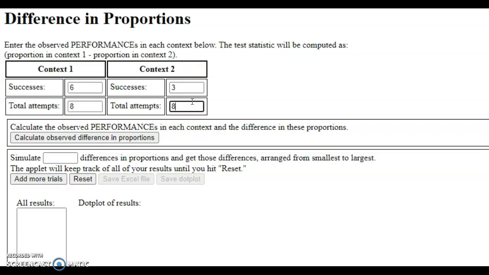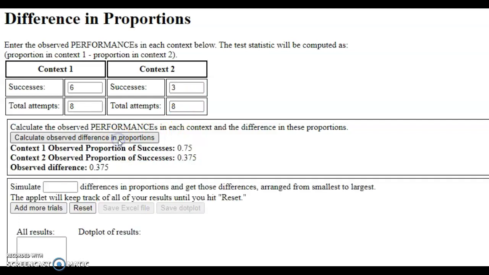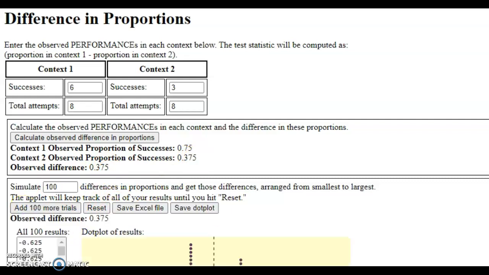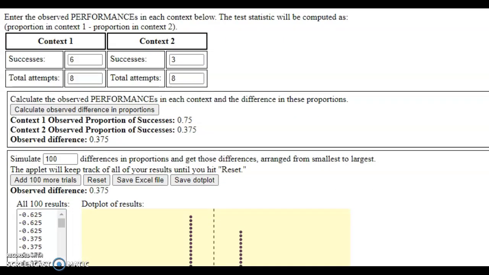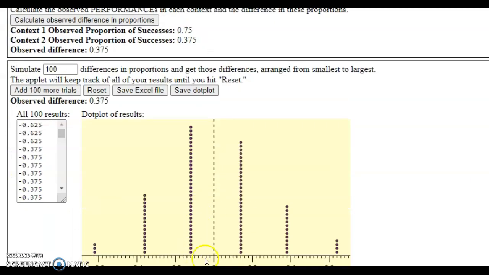Okay, the observed difference in proportion, that's my test statistic that I'm testing it on. So you'll see that 0.375. I press simulate 100 differences because I want 100 trials of simulation, add more, and it's going to create this dot plot for me. The dot plot's going to show you those simulated differences, where the positive values will be simulations where you performed better at home, and the negative values would be simulations where you performed better on the road.